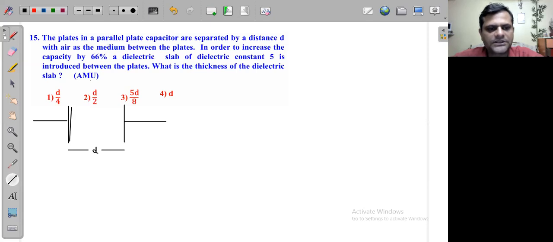So let us consider that the thickness of this dielectric slab here is going to be T. Okay, तो अगर इस टाइप का डाइइलेक्ट्रिक स्लैब अगर हमने यहाँ पे इंट्रोड्यूस किया, yes, so this is the dielectric slab.